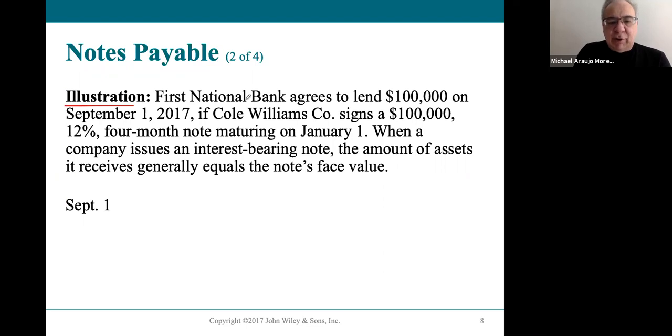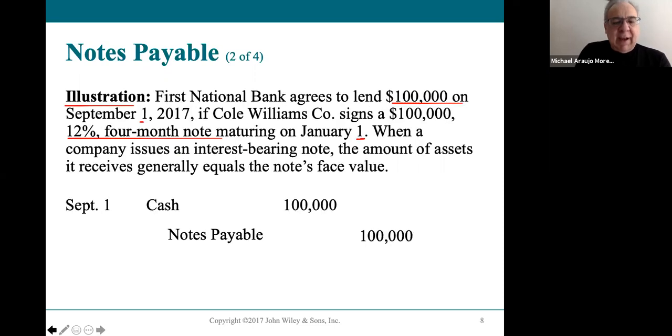So here's an illustration. First National Bank agrees to lend $100,000 on the 1st of September. If Cole Williams signs a 12% 4-month note, the maturity date is going to be January the 1st. So when the company issues this note, what's the entry going to look like on the books?